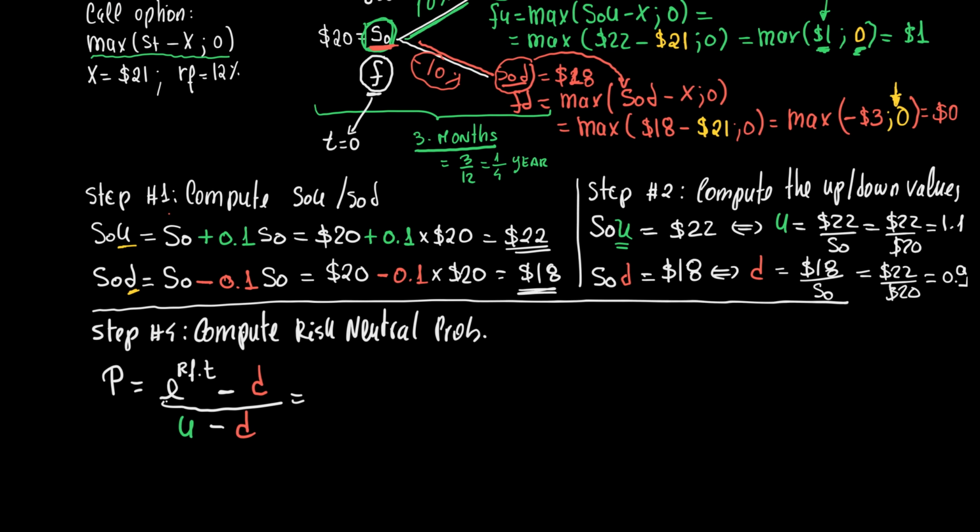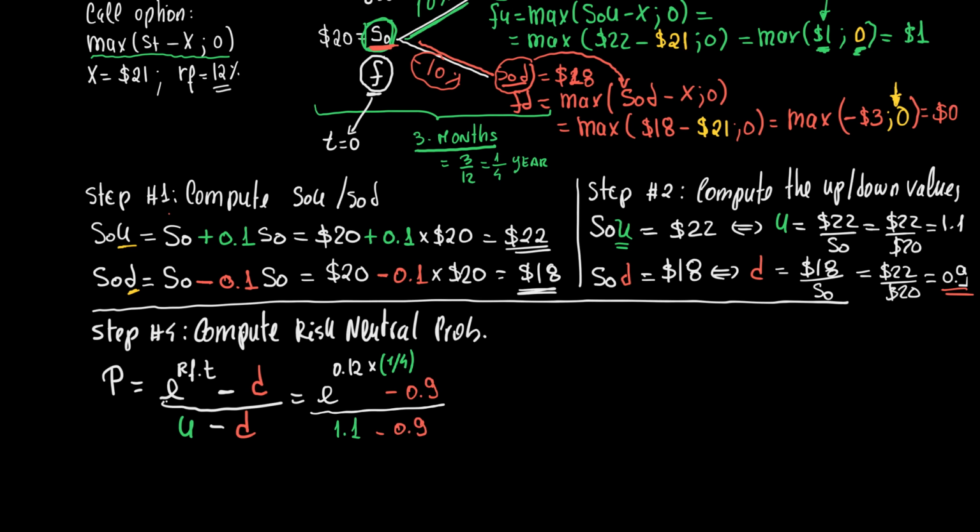So in our formula, we put the exponential of the risk-free rate, which is 12%, so 0.12, multiplied by my time period, which is 1/4, minus the value of going down, which we computed here, 0.9, divided by the value of going up, 1.1, minus the value of going down.